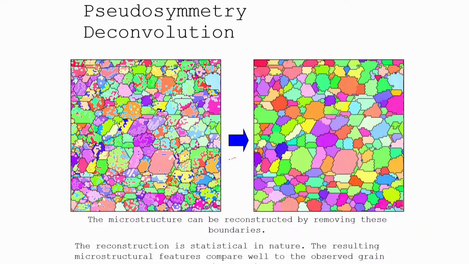For this grain, there's orange and blue, but there's more orange than blue, so it would assign all the blue ones to the orange. So the grain looks like that afterwards. It can be cleaned further after that. So this is fixing the pseudosymmetry problem. That's one of the cleanup routines, and then you can do a dilation or something after that.